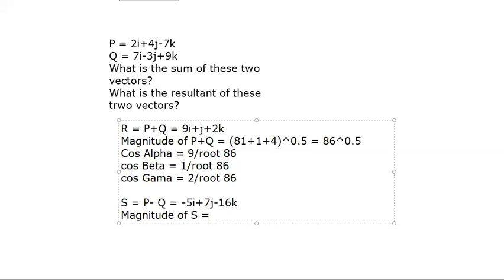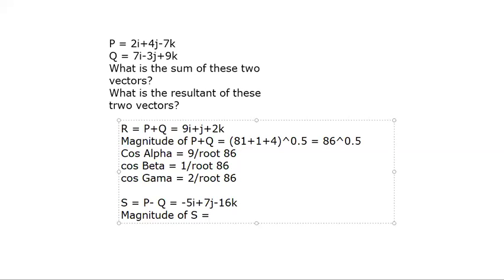The magnitude of S is root over 330. Root over 330: 25 plus 49 plus 256. 256 plus 49 is 305, 330. Okay. Find the directions, meaning cos alpha, beta, gamma, and Q minus P. Cos alpha is minus 5 by root 330.